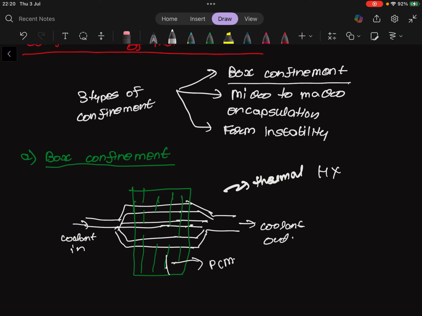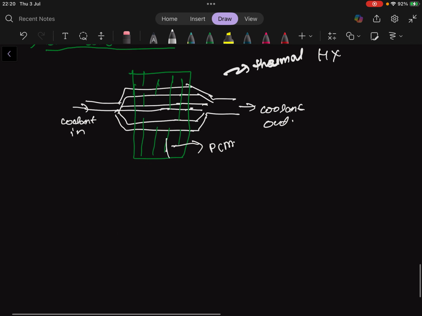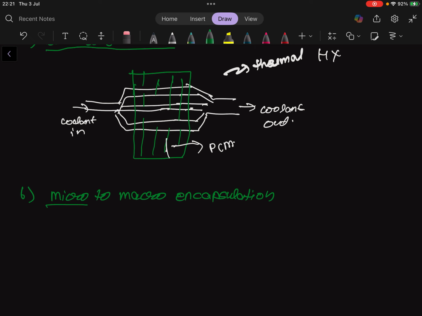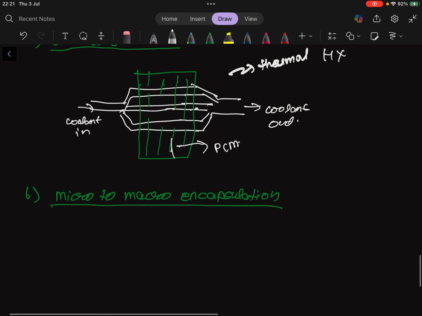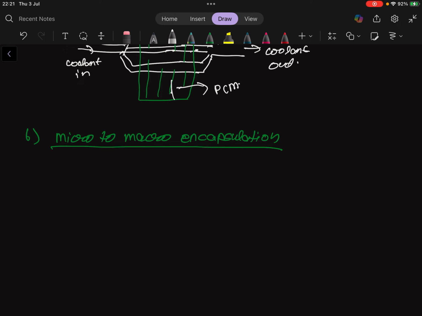Now let's talk about the macro encapsulation. We can think to have encapsulation, which means that we have a core of a PCM material surrounded by a different shell protecting it from the environment.